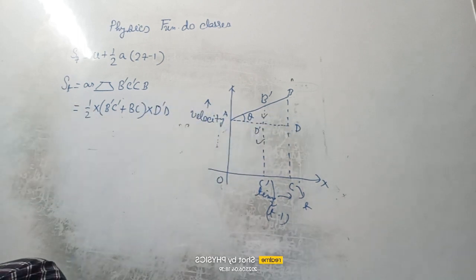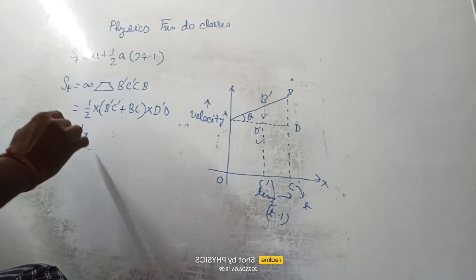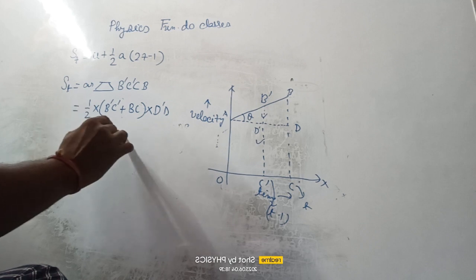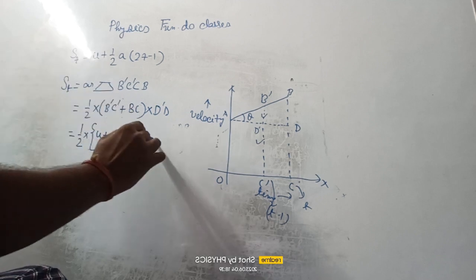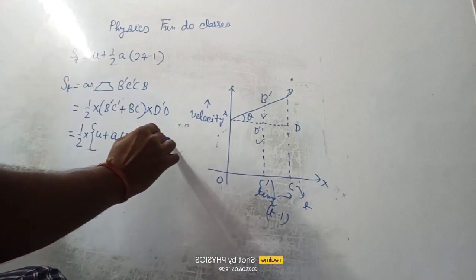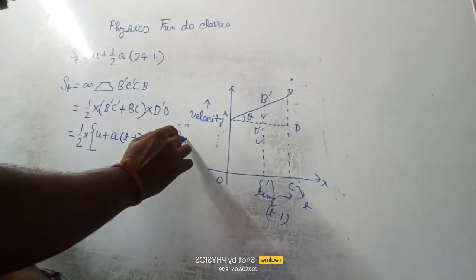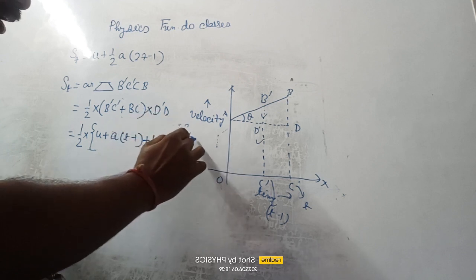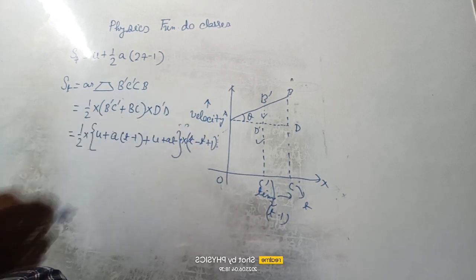Here B'C' we can write as u plus a into t minus 1, plus BC means u plus at. And D'D is t minus t plus 1, that will be cancelled out.